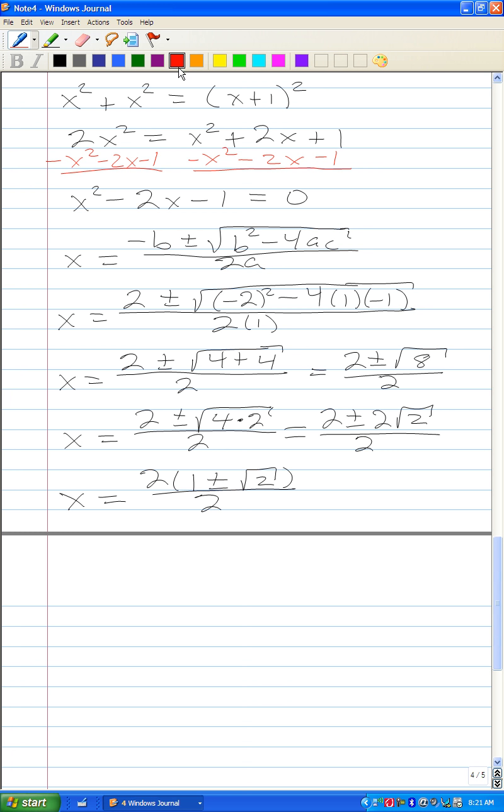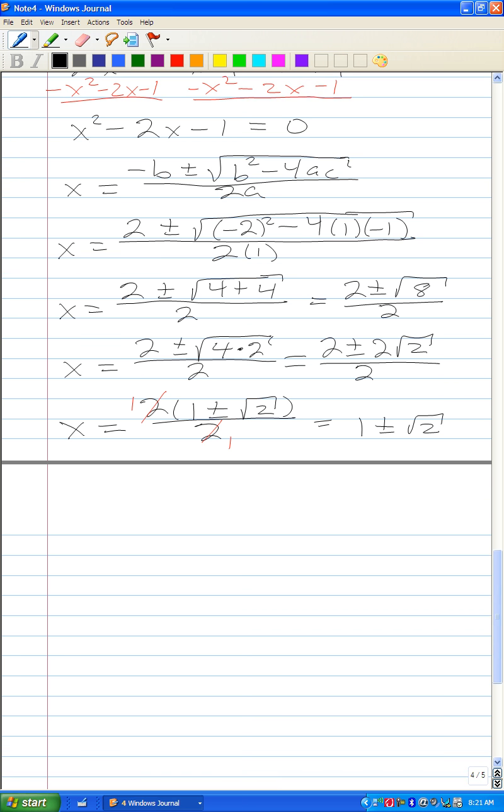I can cancel. And so x is equal to 1 plus or minus rad 2. Now, 1 minus rad 2 is negative, and so I do not want a negative length. And so x is equal to 1 plus rad 2.